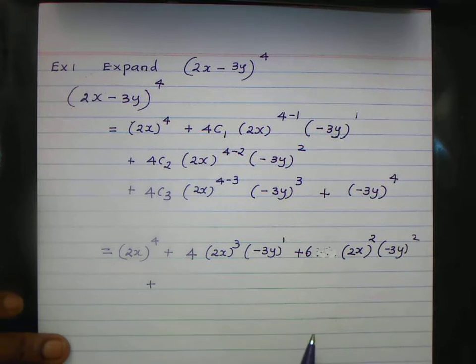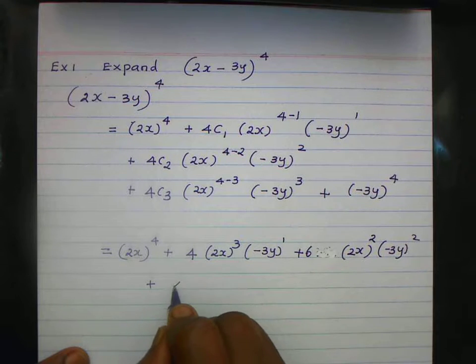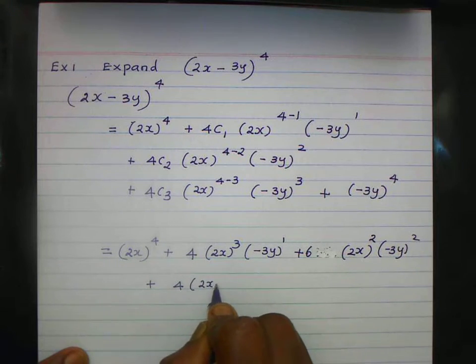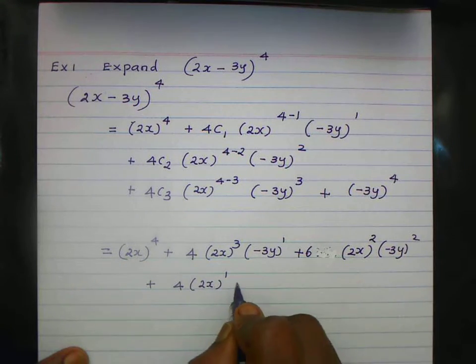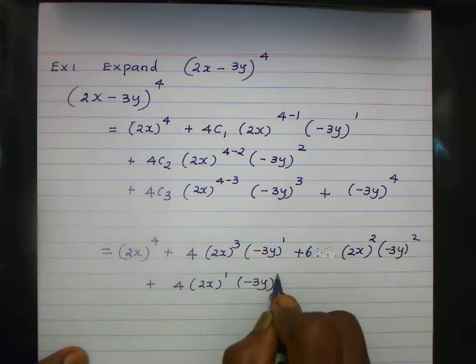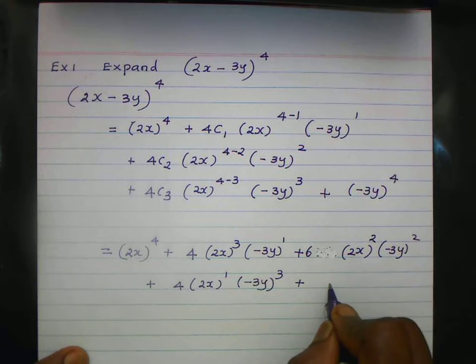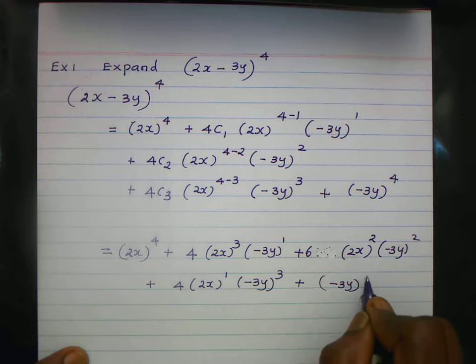Now 4C3, which is 4, times (2x) to the power 1, and then (minus 3y) to the power 3, and the last one is (minus 3y) to the power 4.